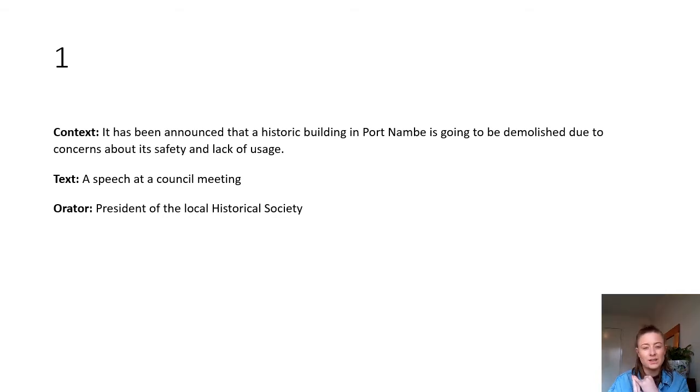So we're probably going to see some historical appeals. We might see some attacks on modernity. Maybe even there might be some environmental appeals, that for the sake of the environment, it is better to repair and restore what's there rather than demolish and start all over again.